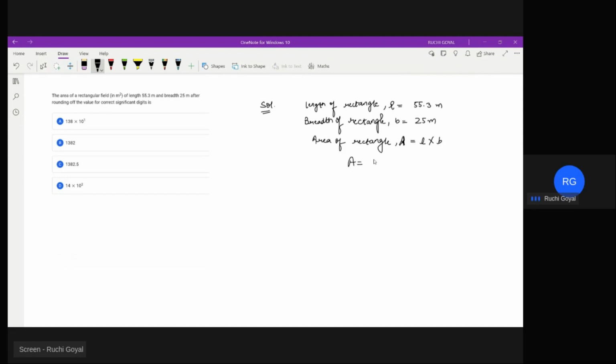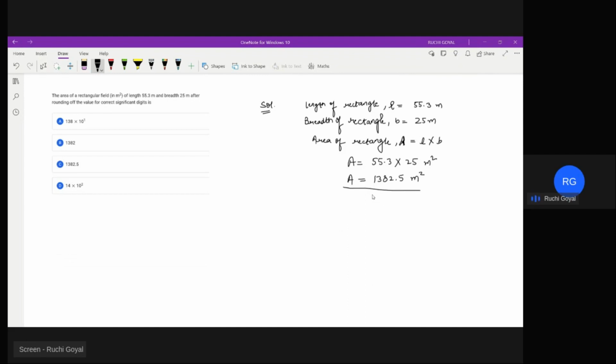So multiplying 55.3 and 25, we get 1382.5. This will be in meter square, since meter into meter is meter square. So this is the value of the area.